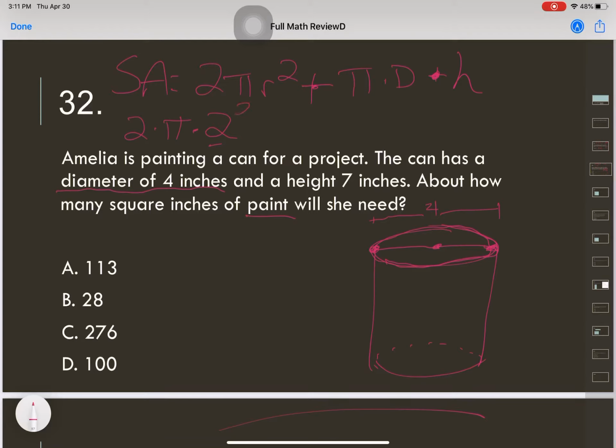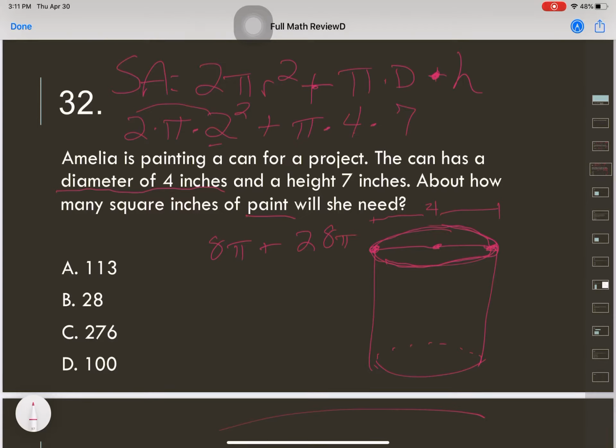But it's 2 squared plus pi times the diameter, which is 4, times the height, which is 7. So now we'll just say 2 times pi times 2 squared. Well, 2 squared is 4, times 2 more will be 8 pi, plus 4 times 7 is 28 pi.